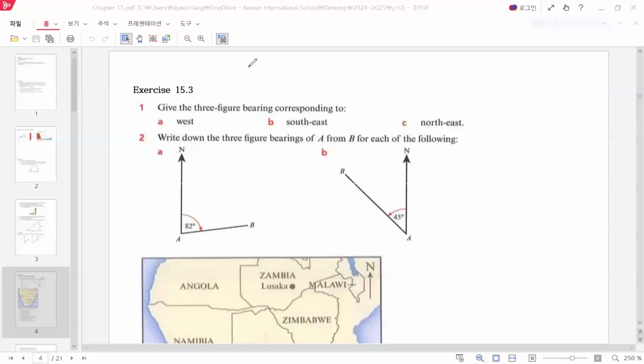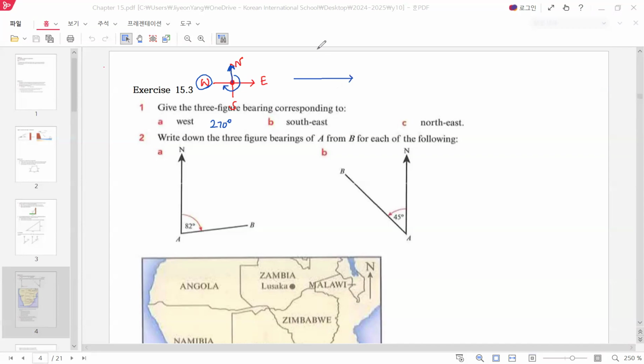Give the three-figure bearing corresponding to west. This one is north, east, west, and south. From here, let's find the bearing of west. Draw a north point arrow and measure to the west side clockwise this way. Then it's going to be 270 degrees.